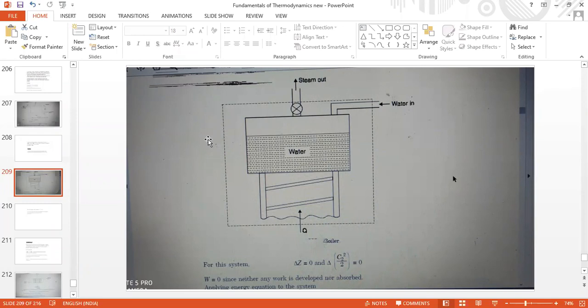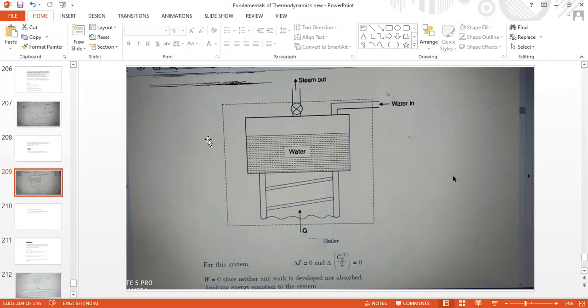We are now dealing with the boiler. Why are we taking all these? Because you may be given in the examination a general problem of either heat exchangers or work exchanging devices. Work exchanging devices are turbine, compressor, pumps, fans.